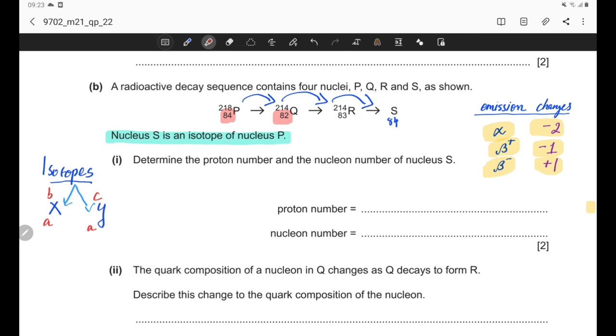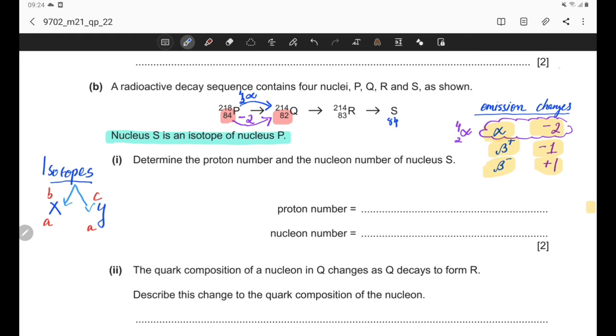From 84 to 82, there is a change of minus 2, and we have already discussed that if there is a change of minus 2, it must be an alpha decay, and alpha is 2, 4. So the nucleus P has emitted one alpha particle, that means 2, 4. Then the remaining will be 82 and 214, and that is correct.